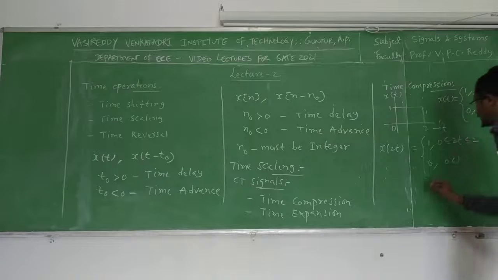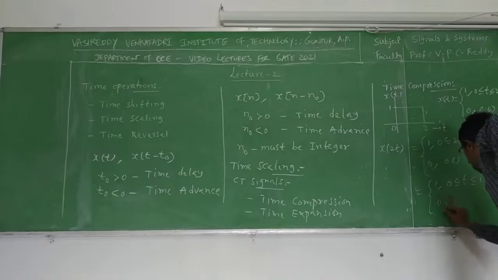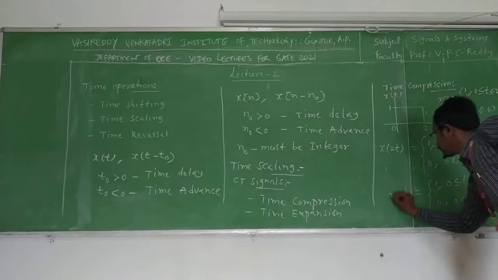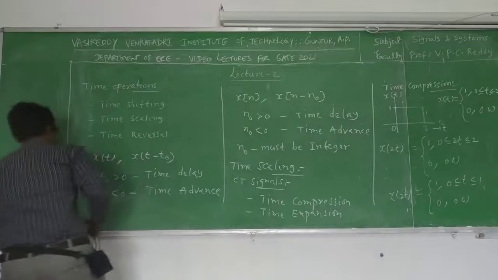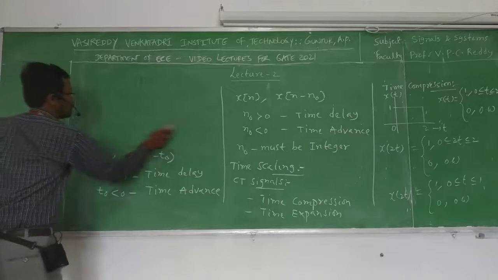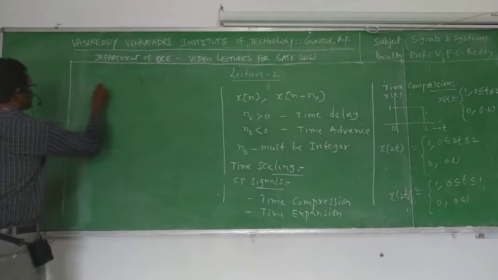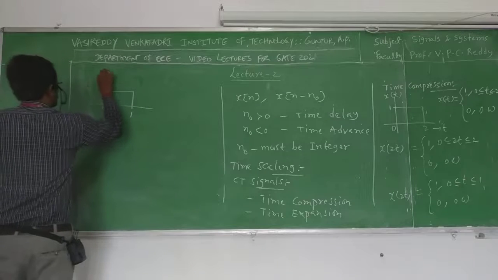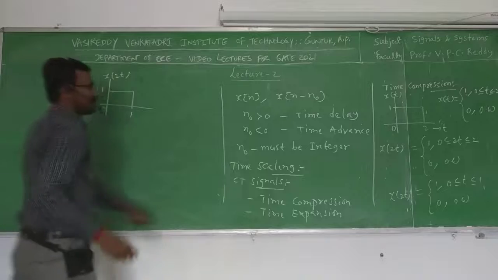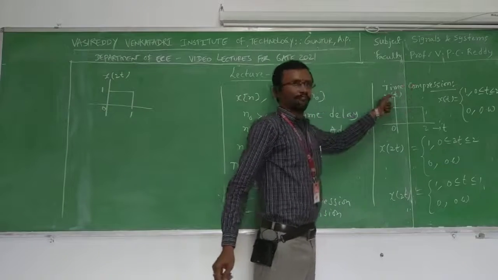Bringing the 2 to the other side, that is 1 for 0 less than or equal to t less than or equal to 1, 0 otherwise. This is x of 2t. If we plot this, x of 2t is defined from 0 to 1, and the magnitude is 1, which means x of 2t is nothing but the time compressed version of x of t.